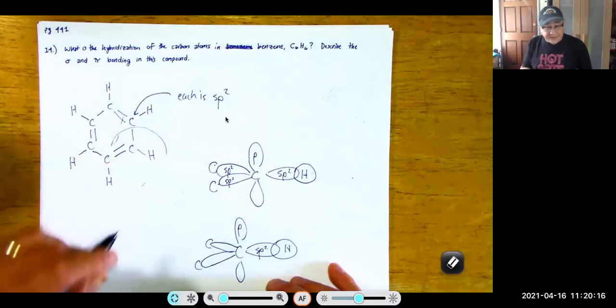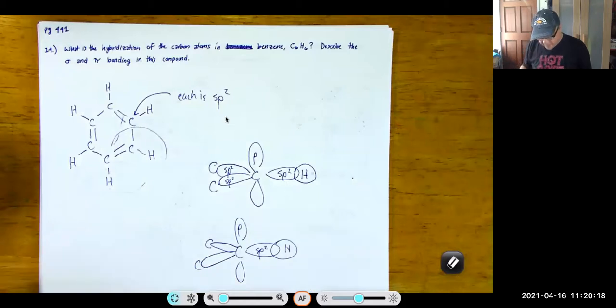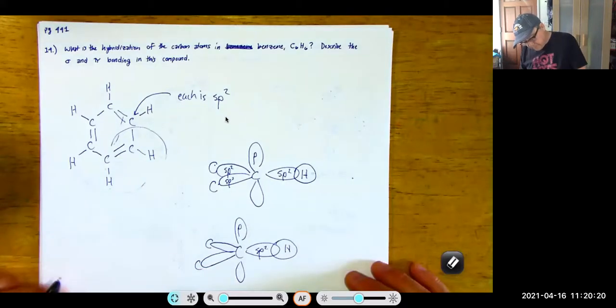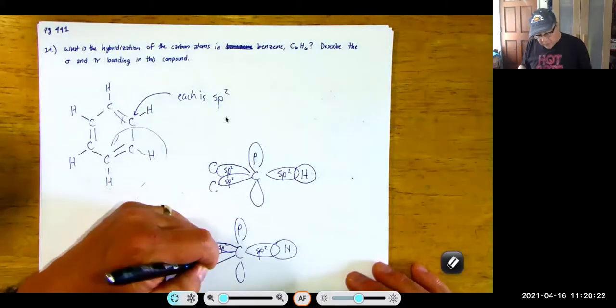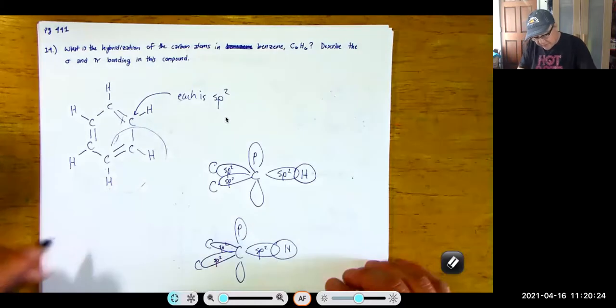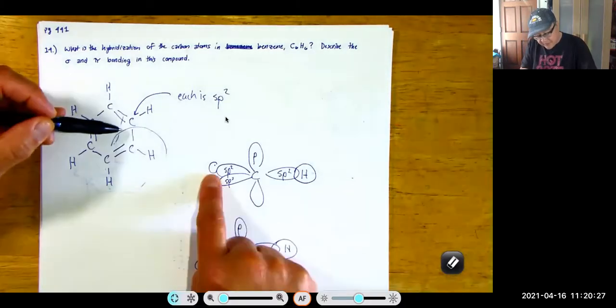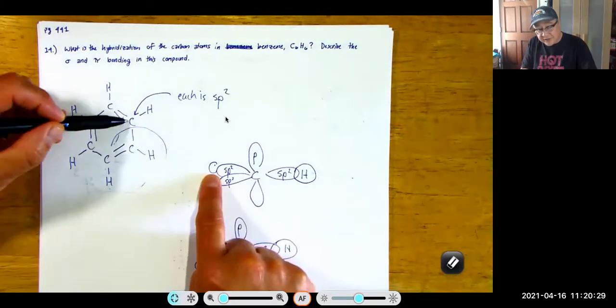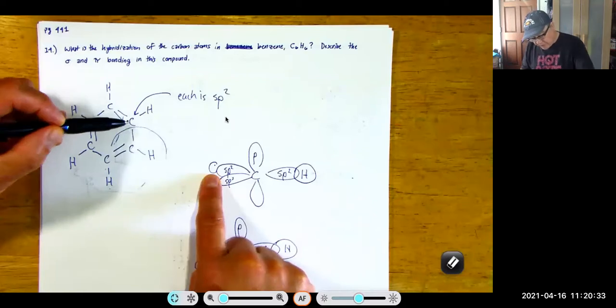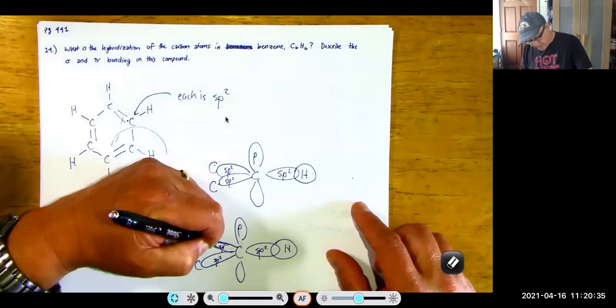Okay, you're going to see why I did this in just a moment. So what's the hybridization of this carbon that I'm pointing to here? That's this one. What's the hybridization? SP2. So really I should have another sp2 here and sp2 here, right?